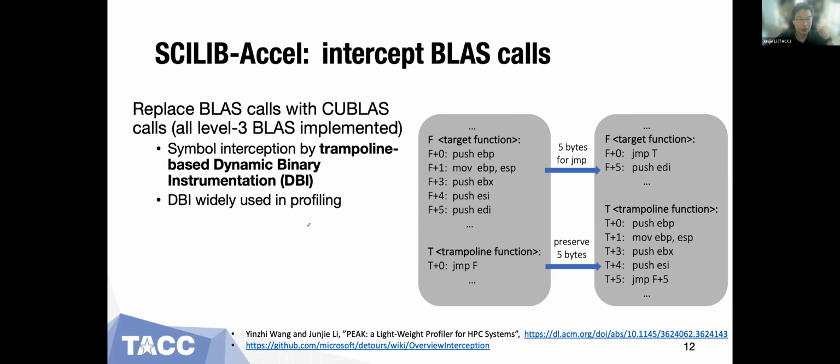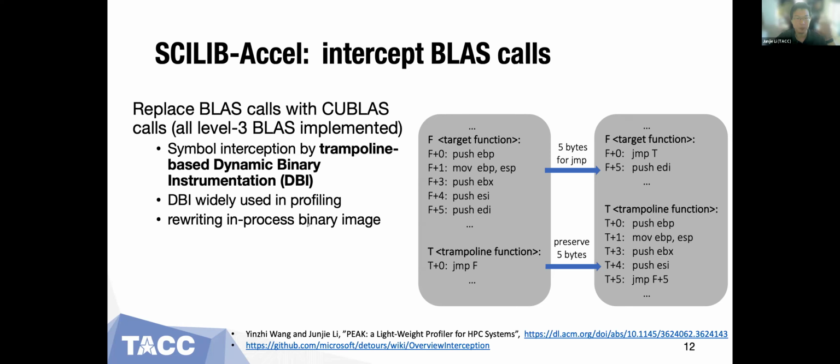DBI, as I said, is widely used in profiling. It's a very mature technique. The beauty of DBI is that it rewrites the binary image in process. Some other instrumentation techniques instrument your binary on disk, which is called static binary instrumentation. But we do the process on the fly.